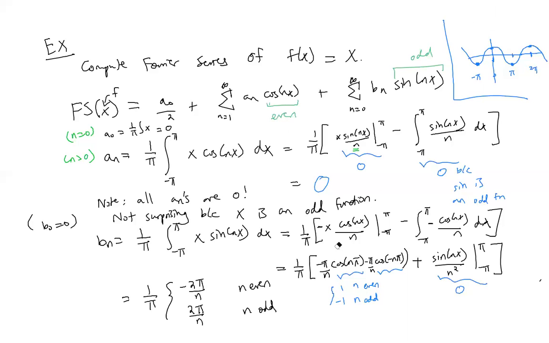Okay, let's just actually do this a little cleaner. So this is when you evaluate it at pi, and then let's evaluate this at negative pi. You get a negative pi. So you should get a pi. Right? Negative x evaluated at negative pi.